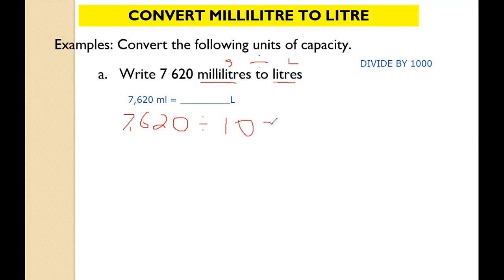Do you still remember how to divide by 1,000? We move the decimal to the left: 1, 2, and 3. So the decimal will be here, and the answer is 7.62 liters.